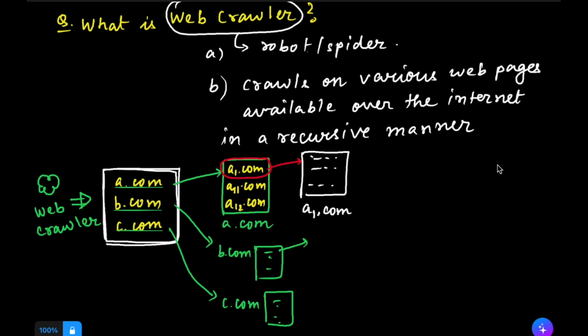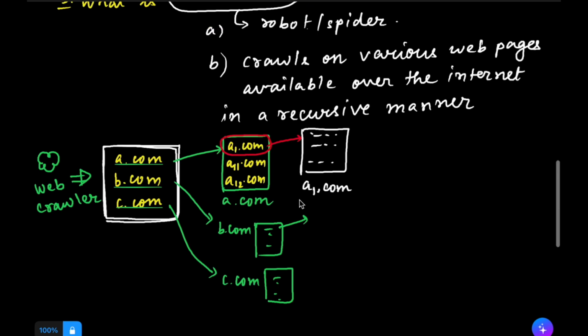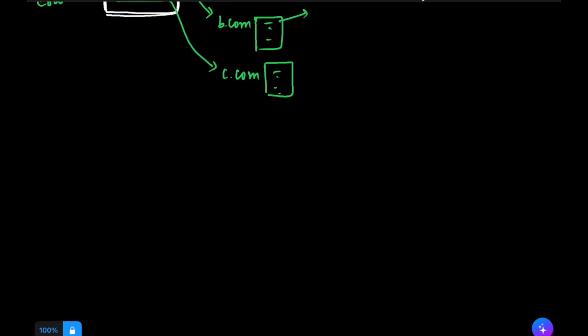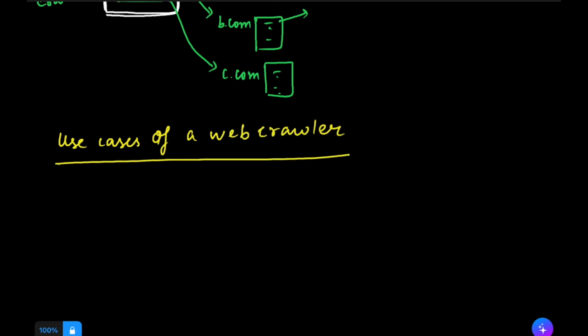So what is the purpose, or where do we actually use a web crawler? Let's discuss some of the use cases of a web crawler. First is the search engine index.